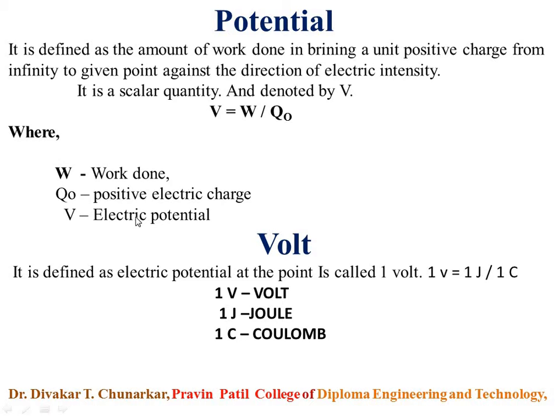So the simple definition of potential difference: the difference between 2 points is called potential difference, or the potential difference or voltage between point A and B, or any 2 points.